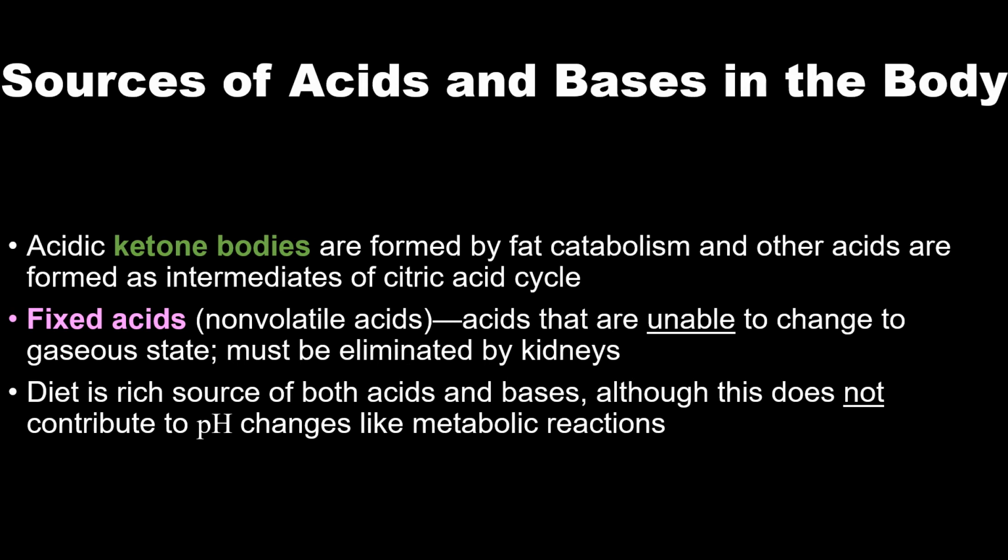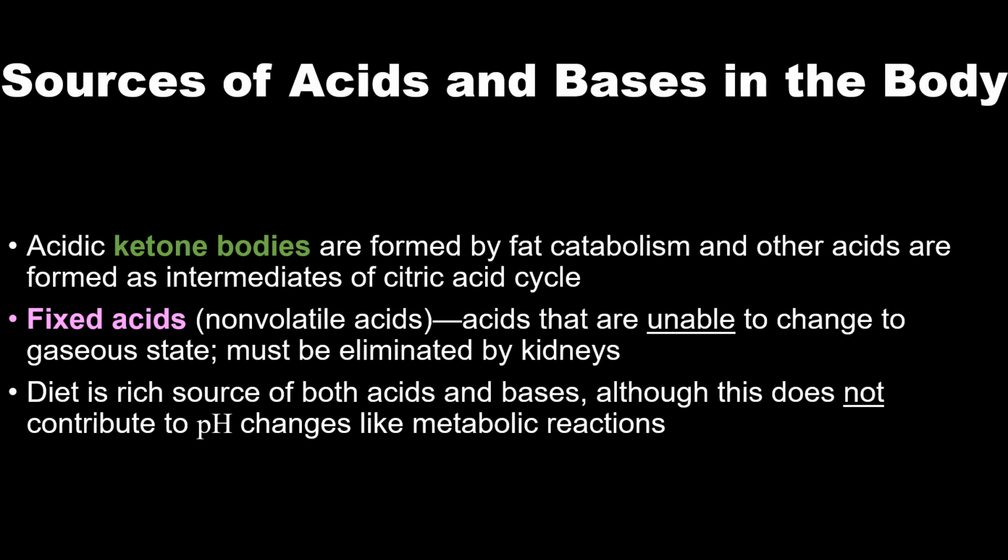And the human diet tends to be the source of both acids and bases. There's protein-rich food that contains amino acids, fatty-rich food which contains fatty acids, and fruits contain acids like citric acid. Some fruits and vegetables contain small amounts of base ions, especially bicarbonate.